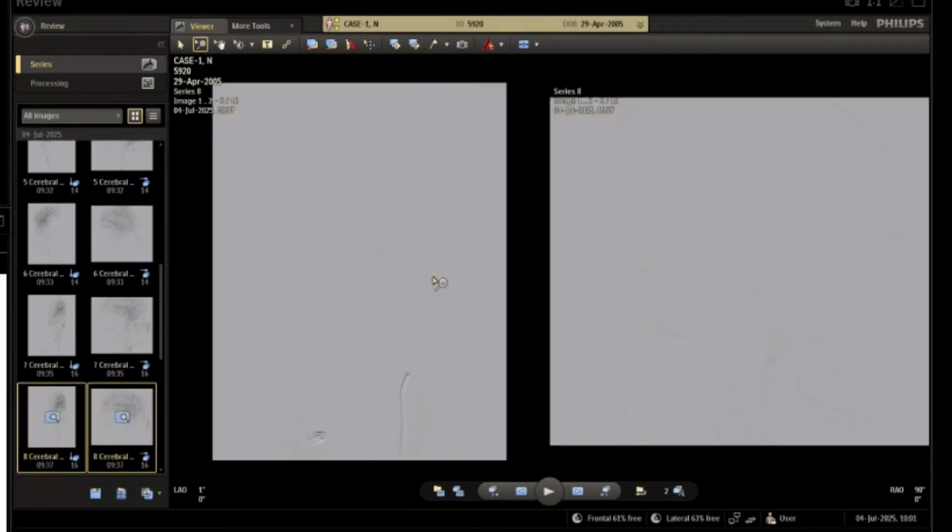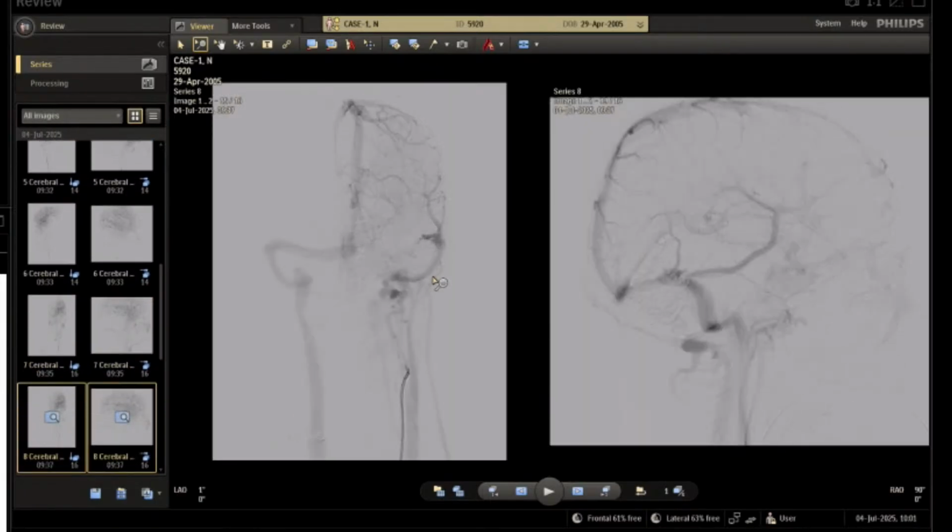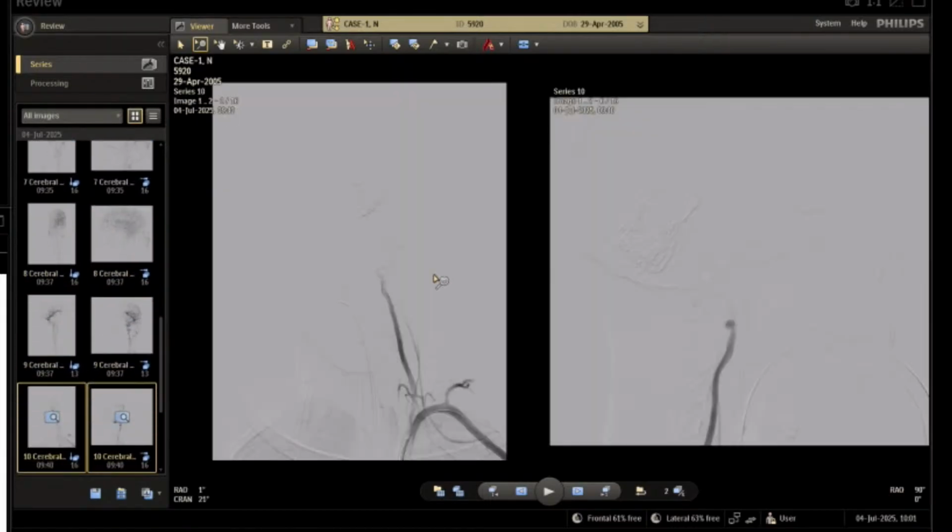and on the left side the ICA is clear. Yes, angiography from the left subclavian. You can see first of all the dural branch, and it looks like the Bernasconi and this dural artery are connected.